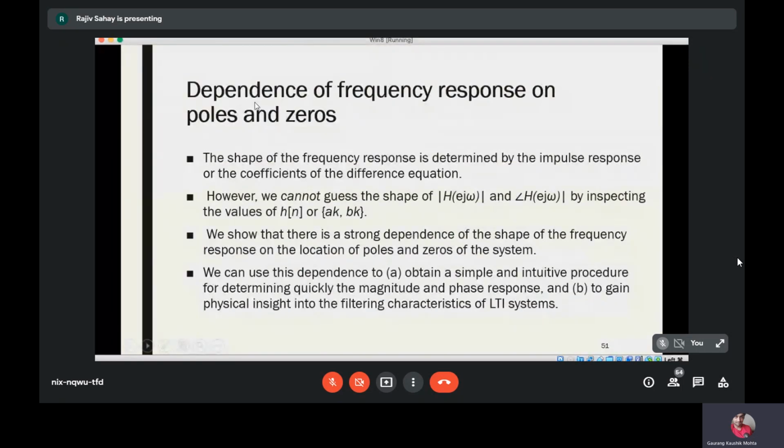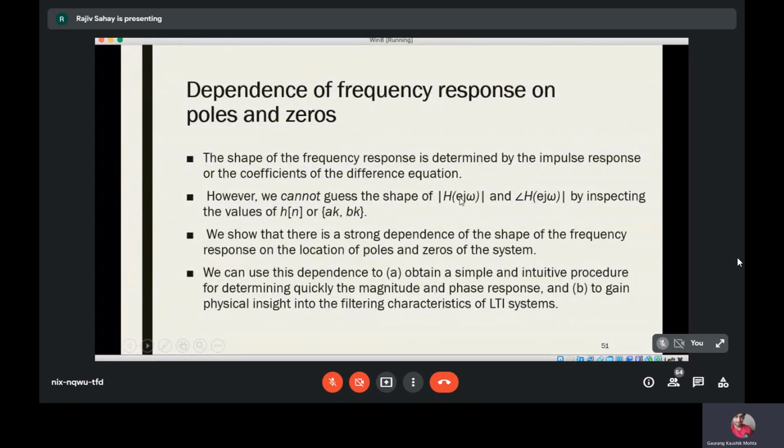So some comments about this dependence of frequency response on the poles and zeros. The shape of the frequency response is determined by the impulse response or the coefficients of the difference equation. You will have a_k and b_k, and those are our locations of poles and zeros. We cannot guess the shape of the magnitude and angle of H(e^{jω}) by just looking at h[n] or a_k and b_k.